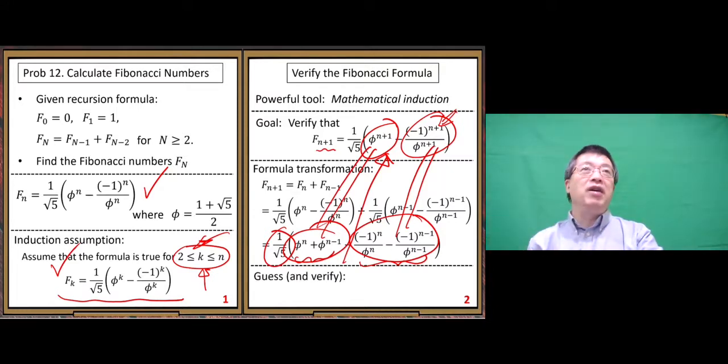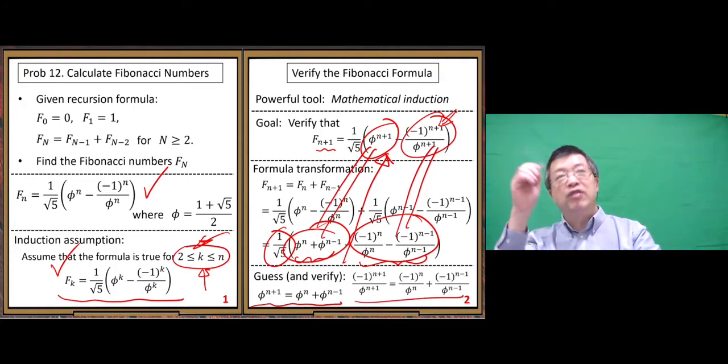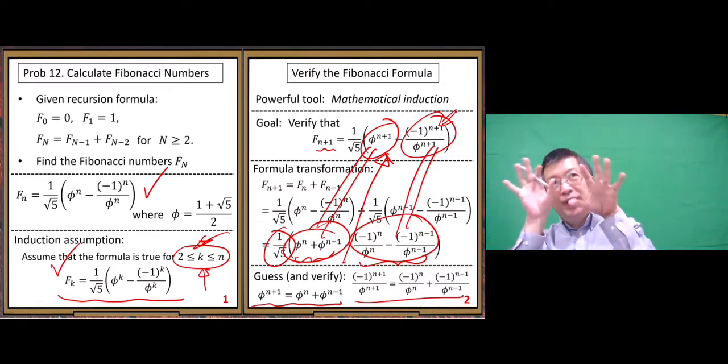Guess and verify. We may guess first, then we verify it. So let us make our guess first. This is our first guess. Then for the remaining, we also want to guess for the fractional part. So we guess these two identities.